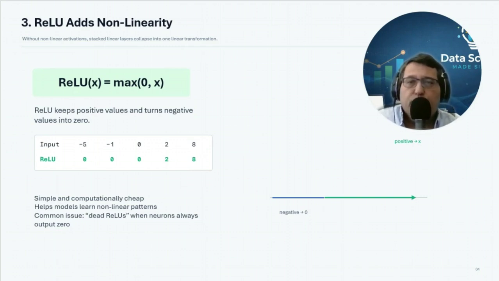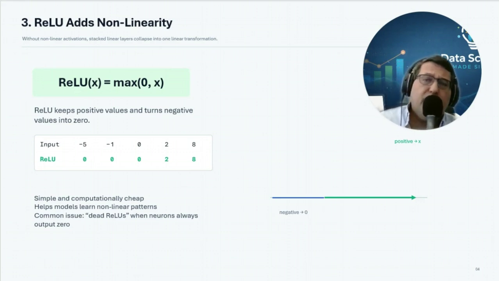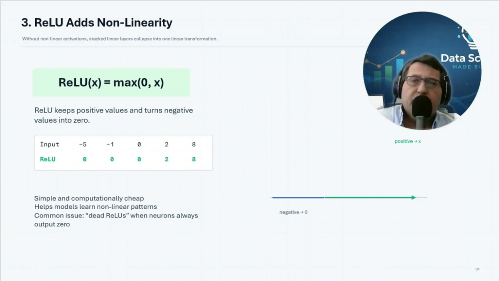For example, suppose we have several matrices W1, W2, and W3. If every layer only performs matrix multiplication, we can mathematically combine those matrices into another matrix. So adding more linear layers would not give us the expressive power that we expect from deep neural networks.